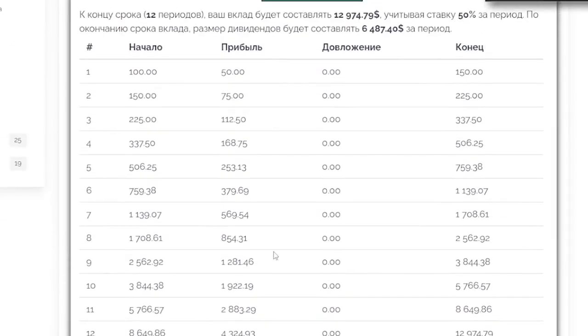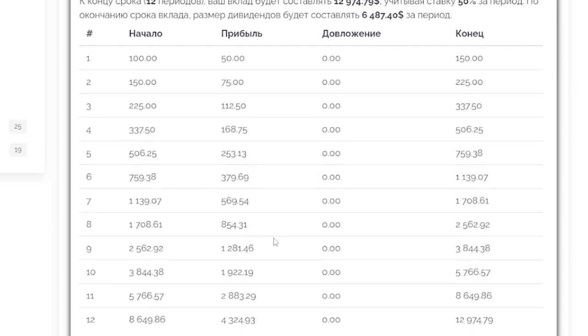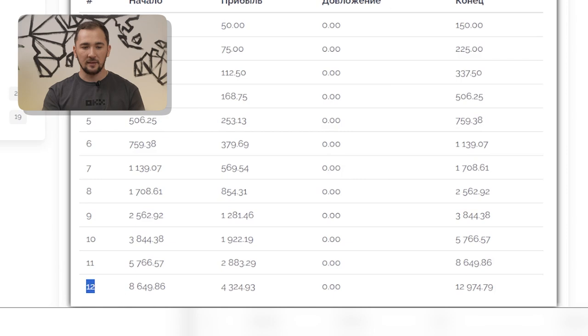That is, if every month on the tactic of acceleration of the deposit we make transactions according to the strategy, do not violate the strategy, and earn 50% per month, then on the 12th month our deposit will be almost $13,000 from $100, provided that we do not take out profits.